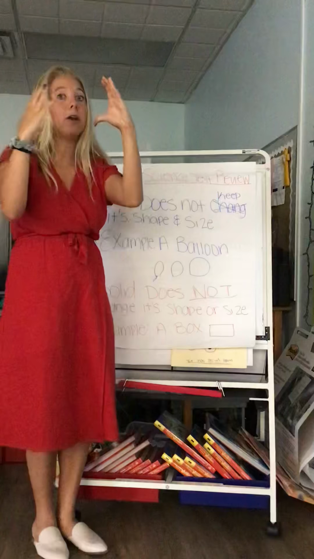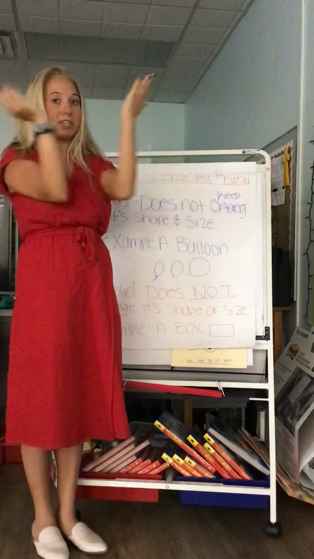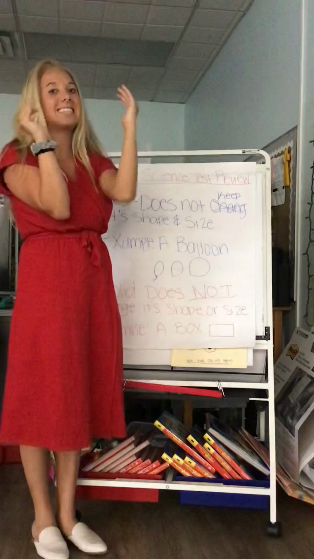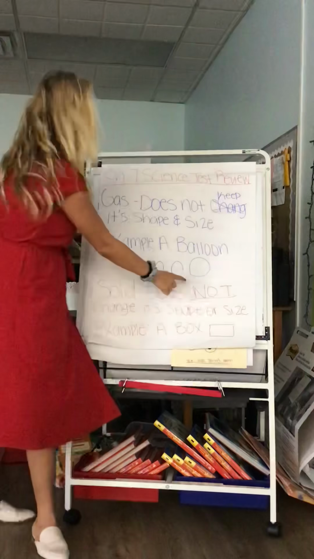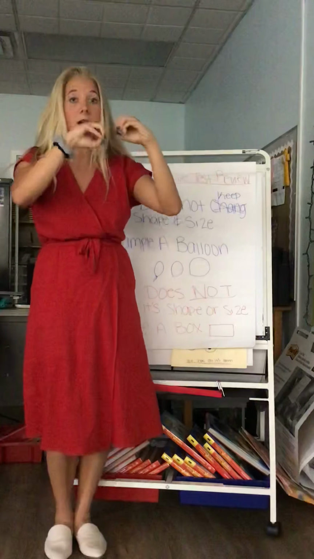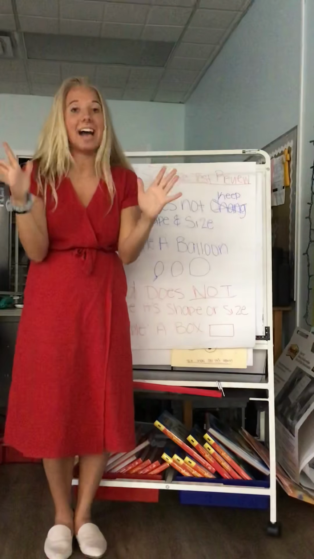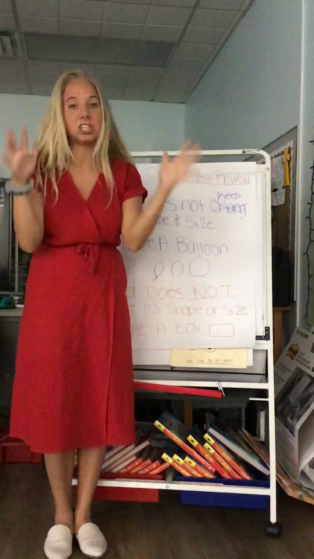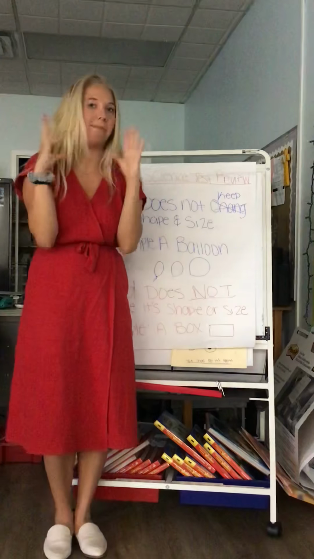If I blow a little bit more air, it gets bigger. The shape changes. It expands and its size gets bigger. And if I blow a lot of air into my balloon, the balloon gets really big. So it changes its size. It goes from a little baby balloon to a big balloon. So it changes its size and it changes its shape. So a gas can change its shape and size.